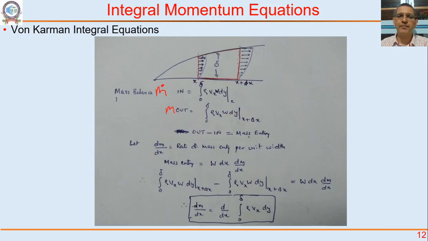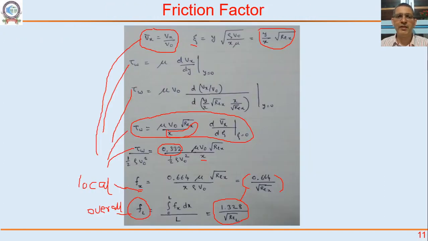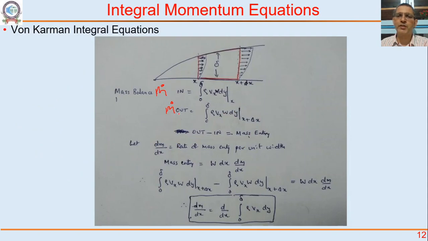Which is larger? Out is larger because it is integrated over a larger distance, 0 to delta. Delta is increasing. If the velocity profile is self-similar, it is integrated over a larger distance. Flow goes out, which means there is flow coming into this control volume at the top surface.